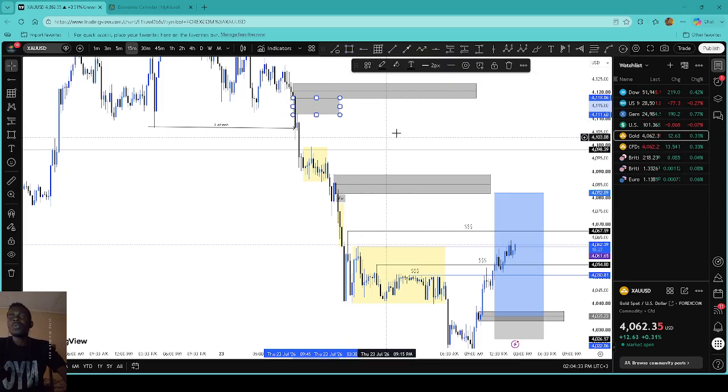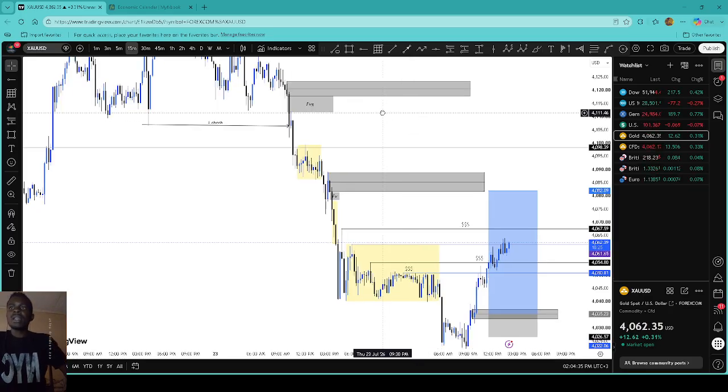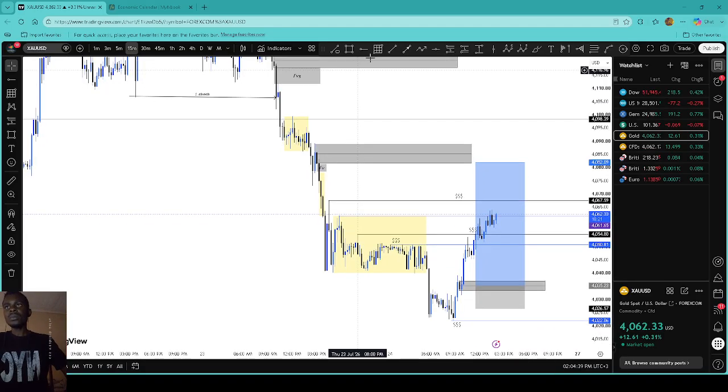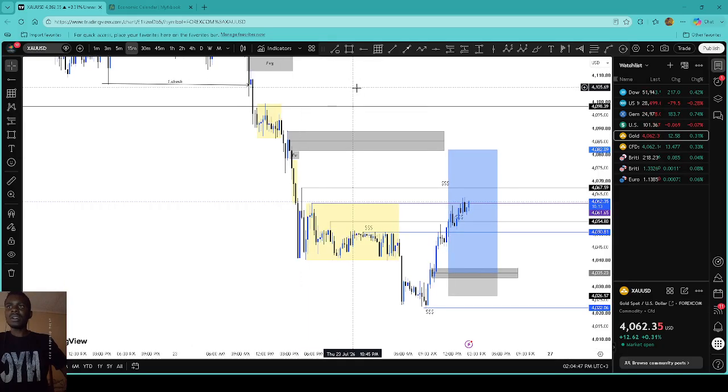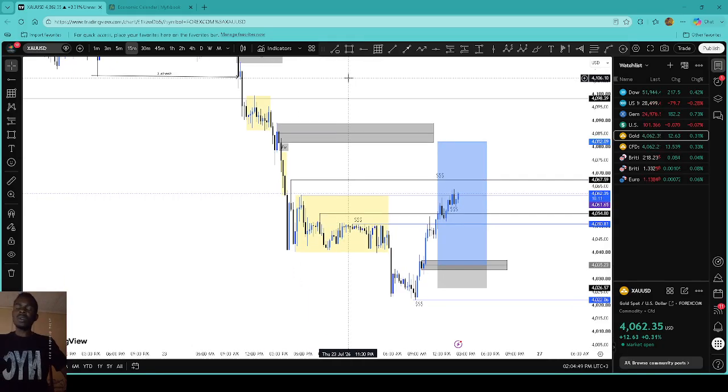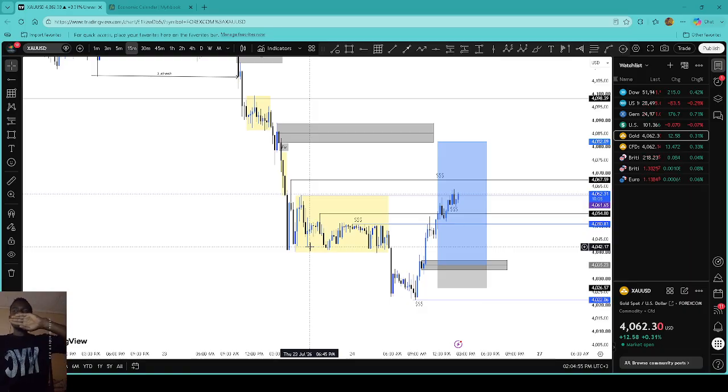Now for gold order blocks, I always prefer taking trades at the extreme order blocks, the ones that happened before the impulsive move. I prefer the extreme one.